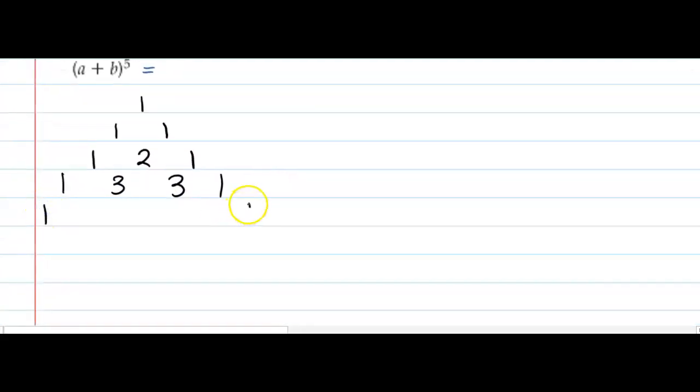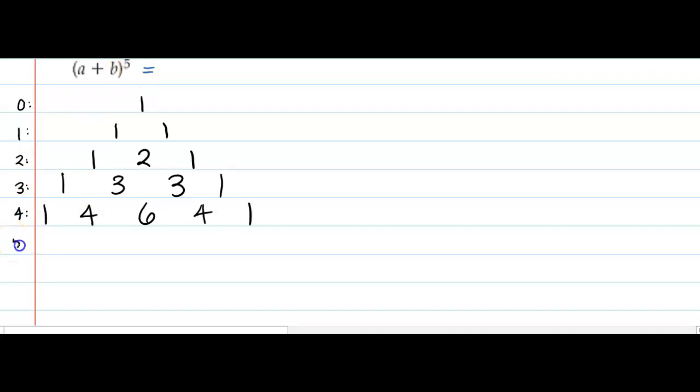Moving down, 1 plus 3 makes 4. 3 plus 3 makes 6. 3 plus 1 makes 4. And if you just remember that this is to the 0 power, first power, second power, third power, fourth power.